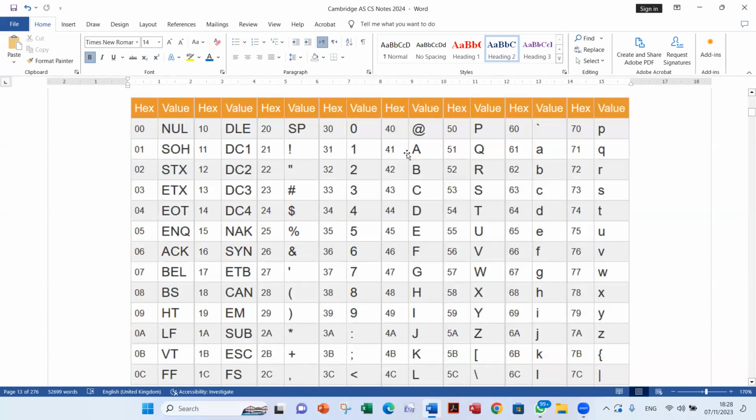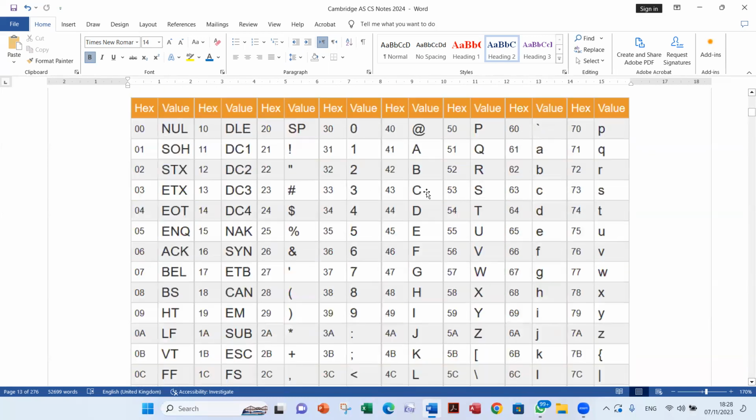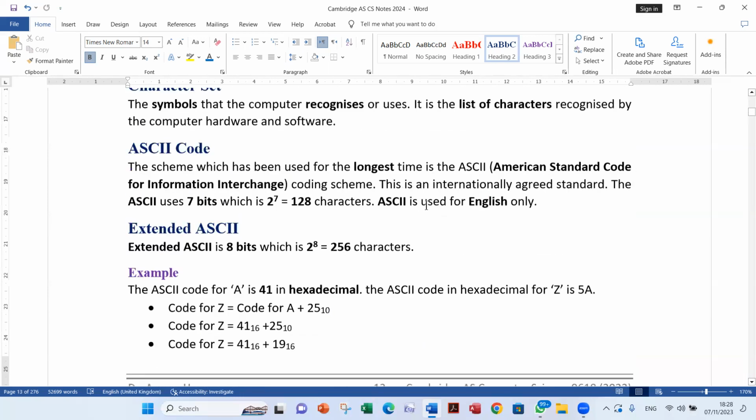Okay, so a binary number that is encoded as ASCII will be letter A, letter B, letter C, and that's it. Okay, what do we have to know about this? What knowledge do we need to know? This is called a character set.